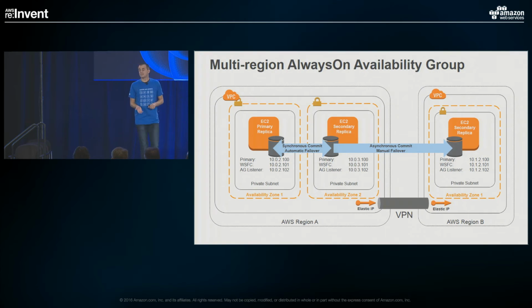You can also extend this HA solution by deploying an asynchronous replica in an entirely different region. This would require a VPN connection between the 2 regions, so the 2 VPCs can talk to each other over private connectivity. But this gives you DR capabilities in addition to high availability.